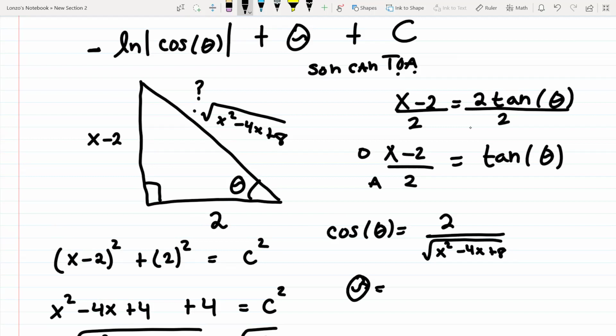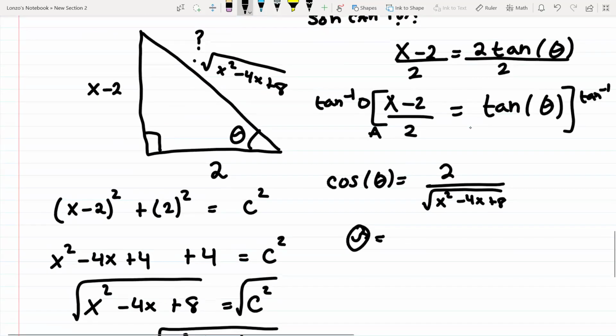And then theta, well, we know that tan theta is x minus 2 over 2. So to find regular theta, you have to get rid of this tan by multiplying both sides by tan inverse. So theta is going to be tan inverse of x minus 2 over 2.